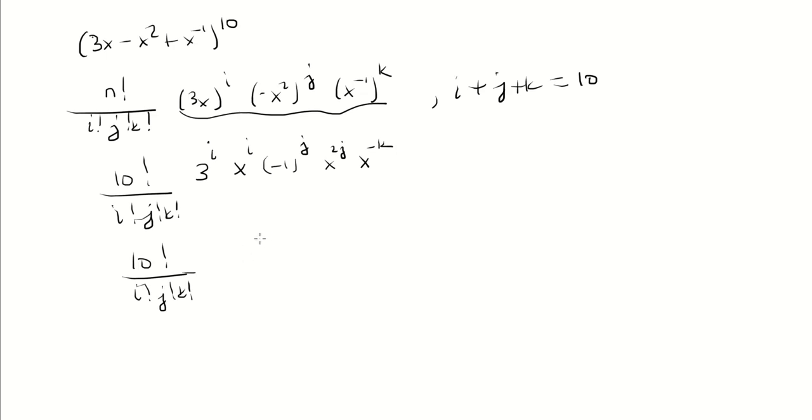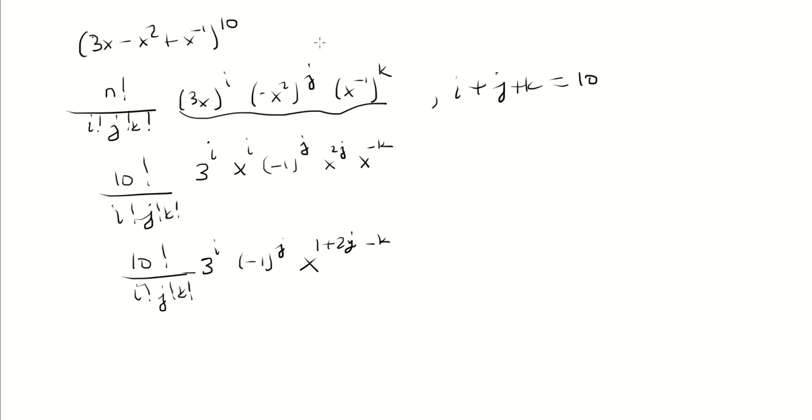And then we'll have 3 to the i, negative 1 to the j, and for the x, we're going to add the exponents. So we have i plus 2j minus k.